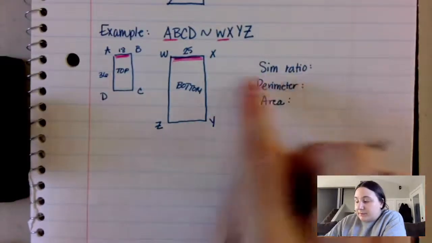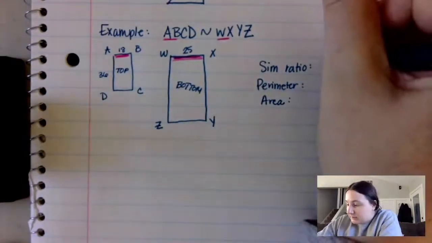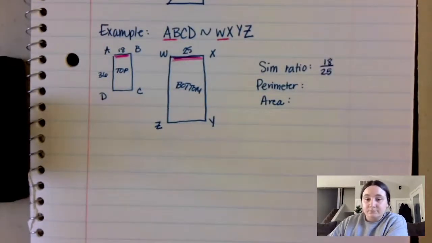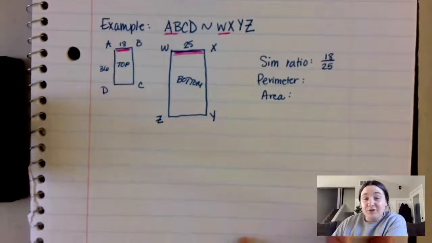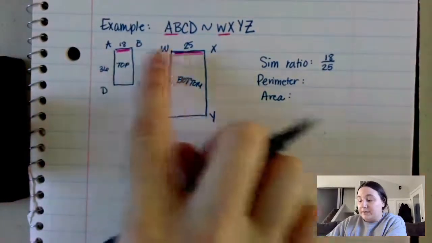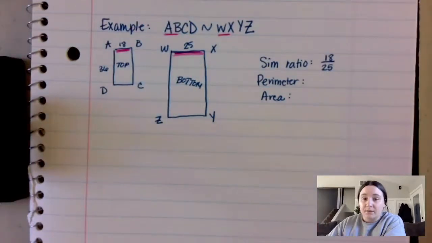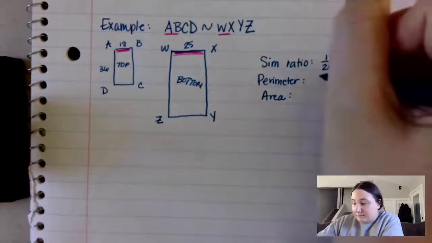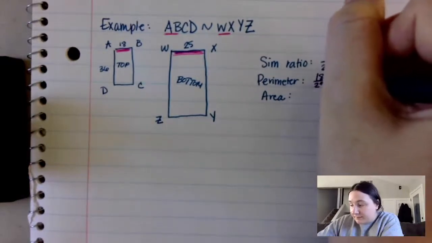Your similarity ratio is going to be 18 over 25. Just leave it as a fraction. You don't even need to reduce it, just leave it as whatever it is so you can very clearly see where those numbers came from. The perimeter ratio is the exact same, so 18 over 25.